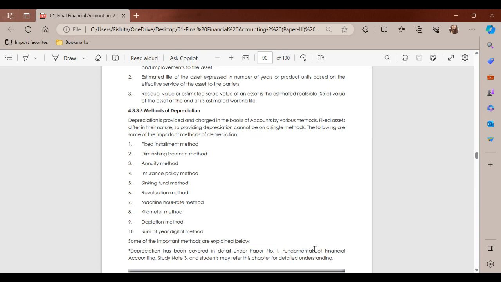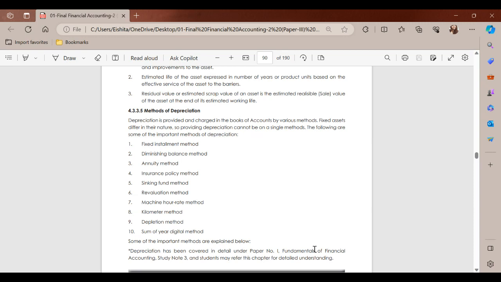Assume that you have taken an insurance policy of 1 lakh machine. So every year 10,000 will be deducted, and for 10 years the machine will be written down to value 0.